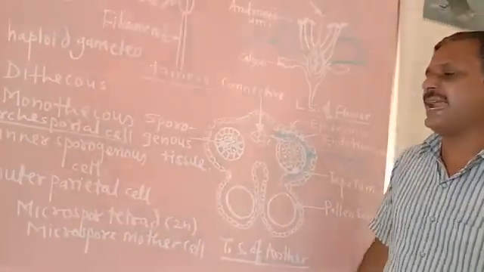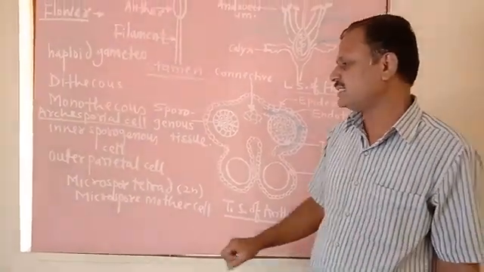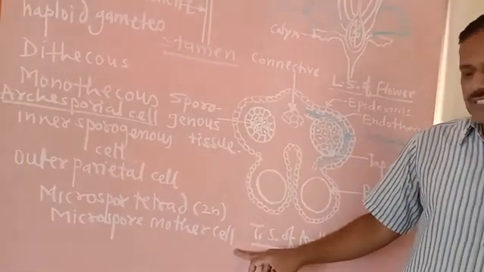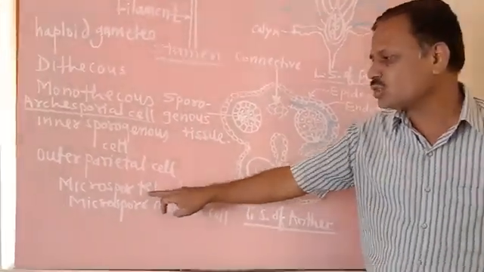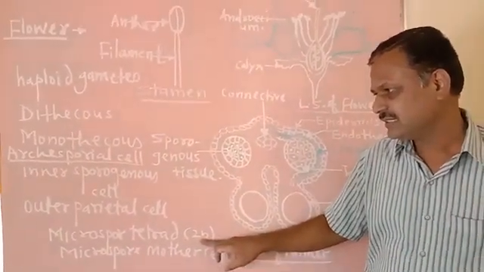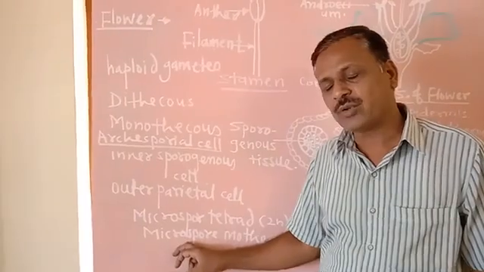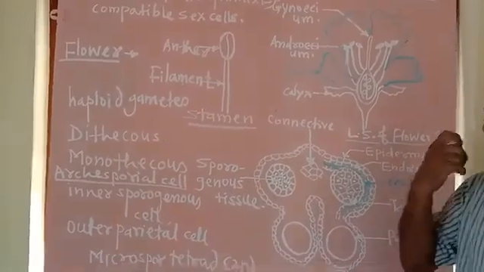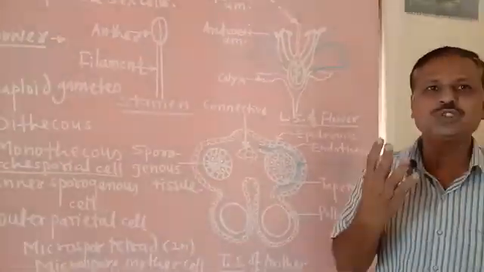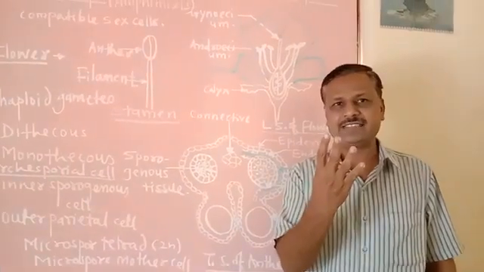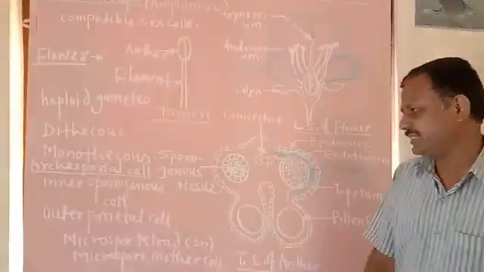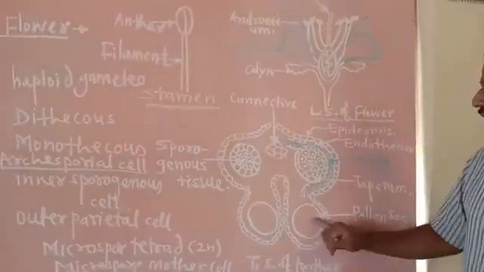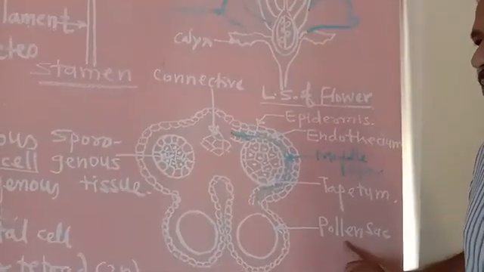Thus, the diploid microspore mother cell undergoes meiosis to produce 4 pollen grains which are always haploid, and these haploid pollen grains are enclosed within the pollen sac or pollen chamber.